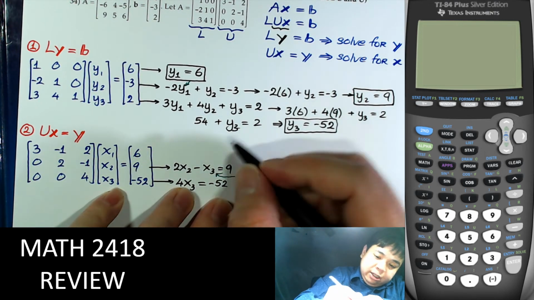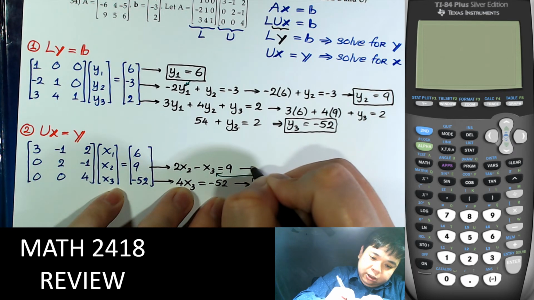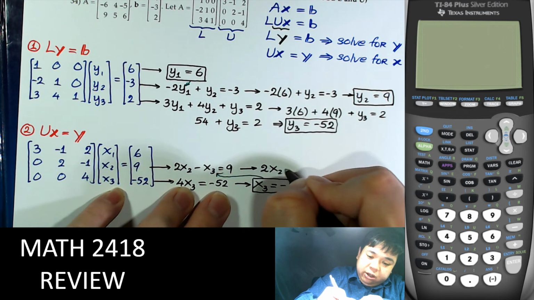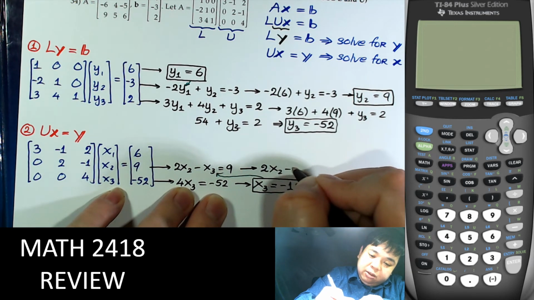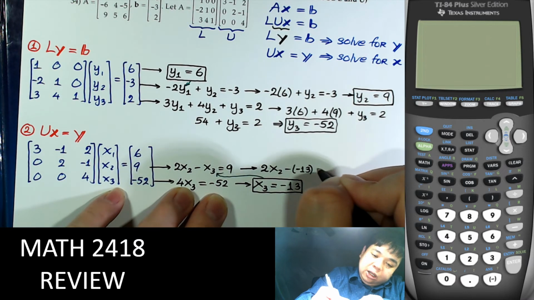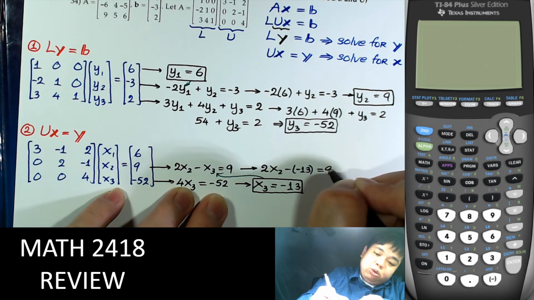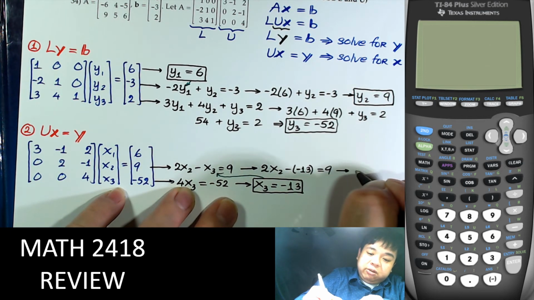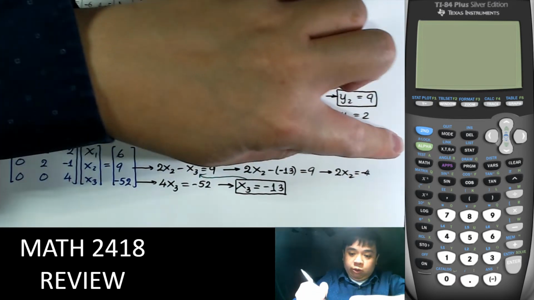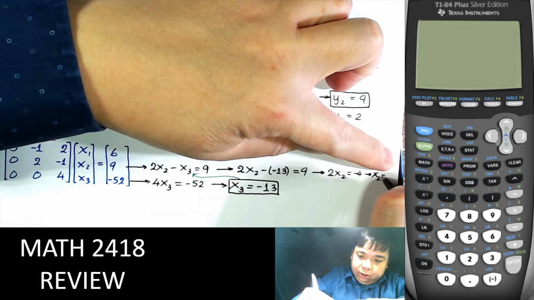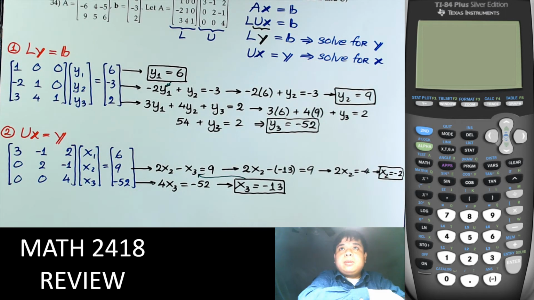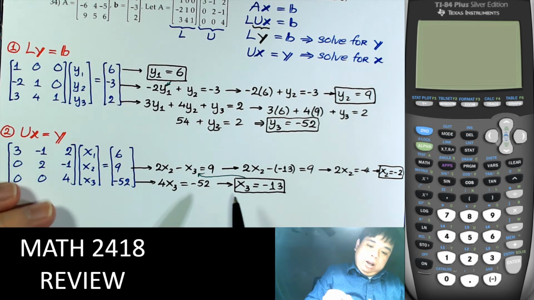So we write 2 times x2, which we don't know, minus negative 13 equal to 9. So that 13 moved to the other side is negative 13, so that is negative 4. So we have negative 2 for x2.